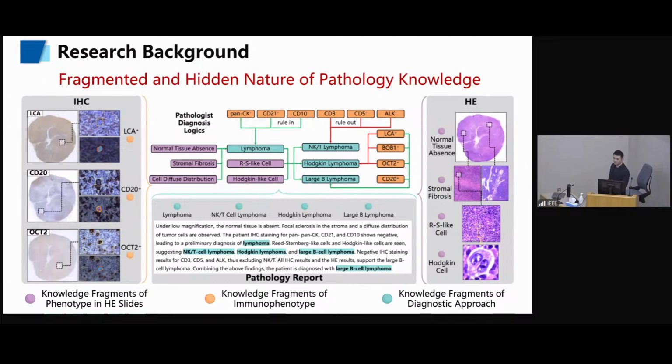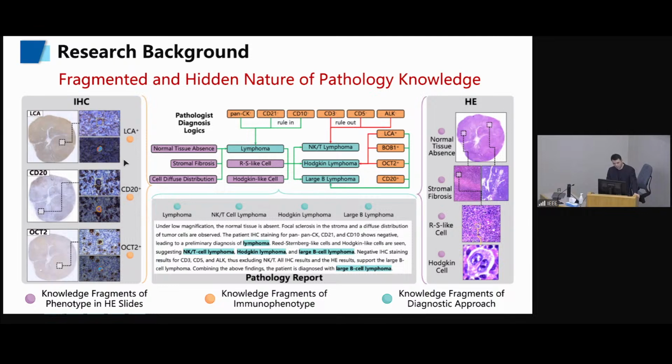Additionally, pathology knowledge is fragmented across modalities. For instance, the figure illustrates how the components of a diagnostic process, detailed in the previous slide, are dispersed as less informative and disjointed pieces across various datasets, all pertaining to one single patient.